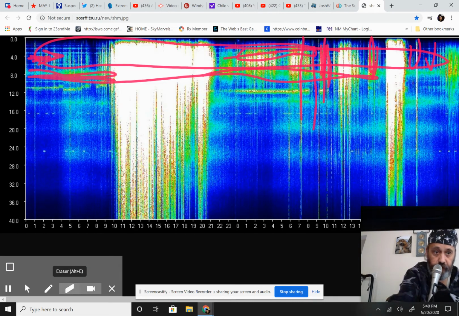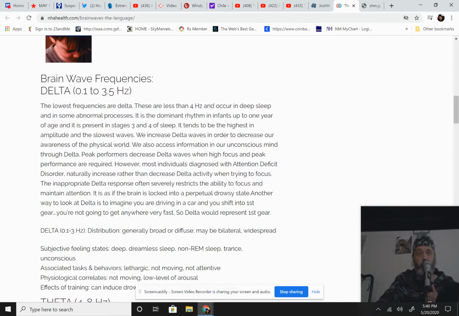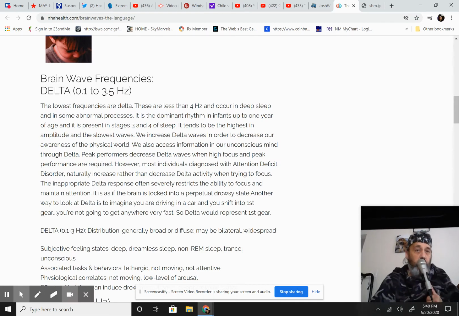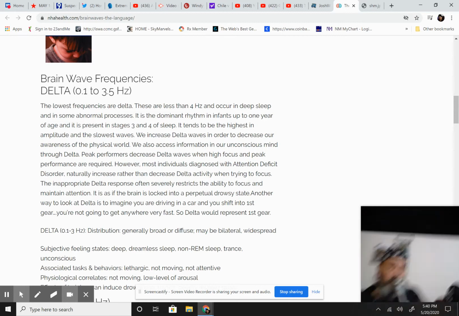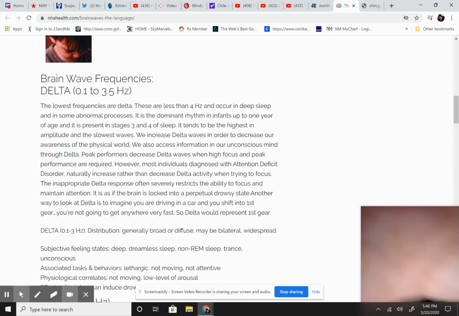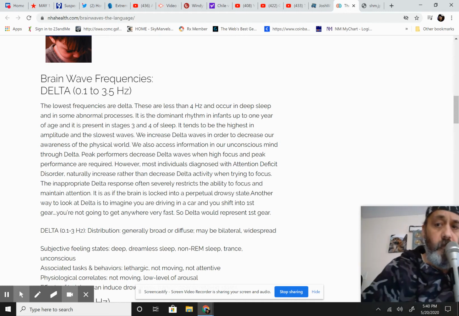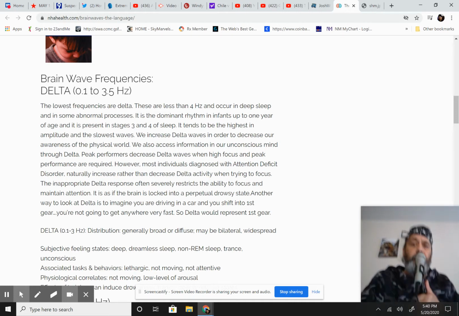So stand by. Let's take a look at what 0.1 to 3.5 hertz is. That's considered under 4 hertz. And I wonder if this is why people are starting to feel different and so tired, especially lately. So take a look at this.